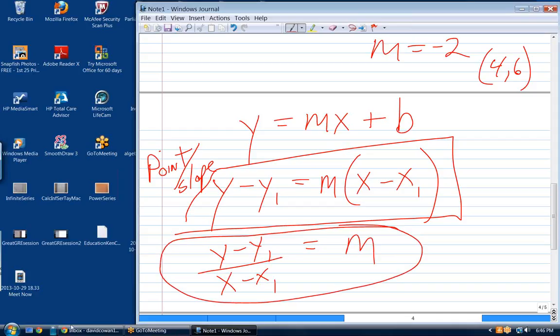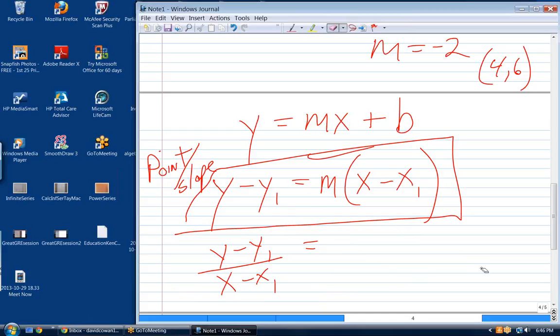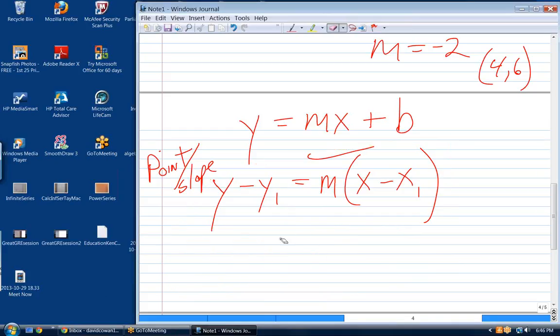So that leads to this. See that? So if you ever have a problem remembering the general form of the point-slope form of this equation, it's basically just slope is rise over run. Only instead of y2 minus y1, we have y minus y1. Why? Because we only have 1 point.